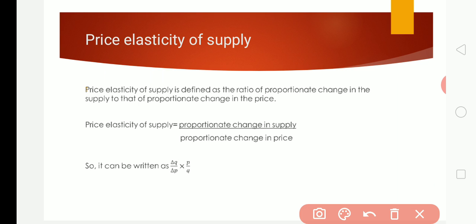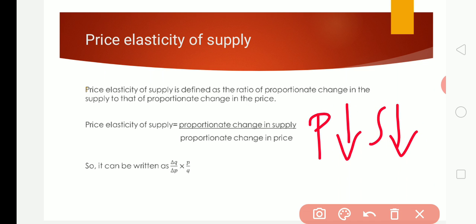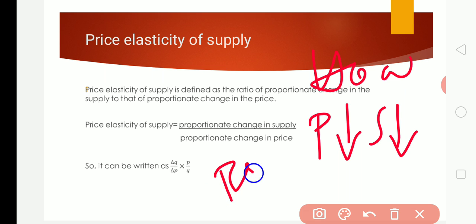How much the price changes, what change takes place in the supply, in what proportion. Actually, the earlier law of supply simply states that when the price is less, supply is less. But how much, that was not indicated. What proportion or what percentage has changed is not indicated.